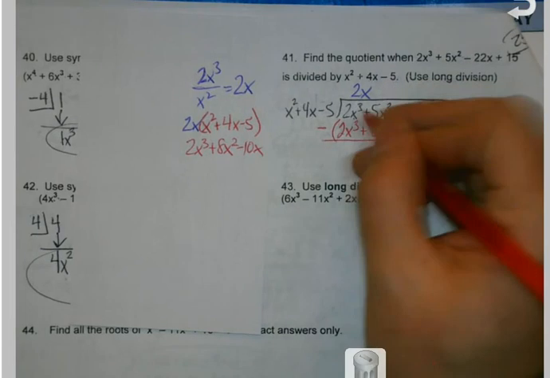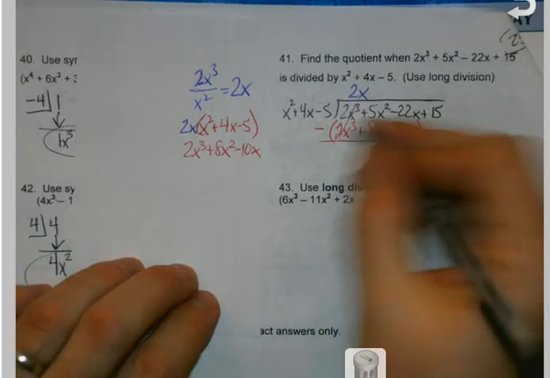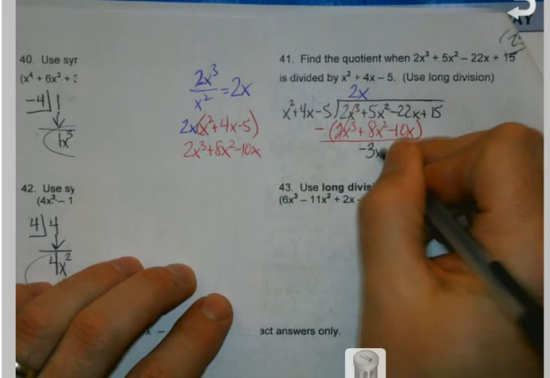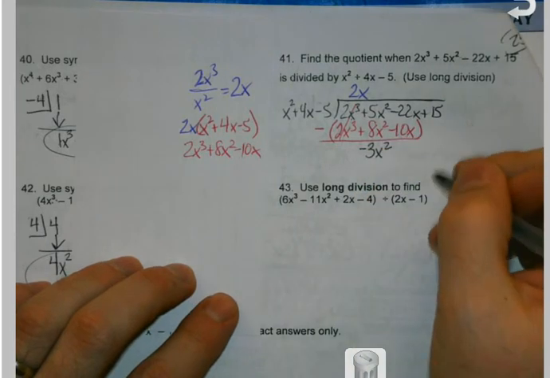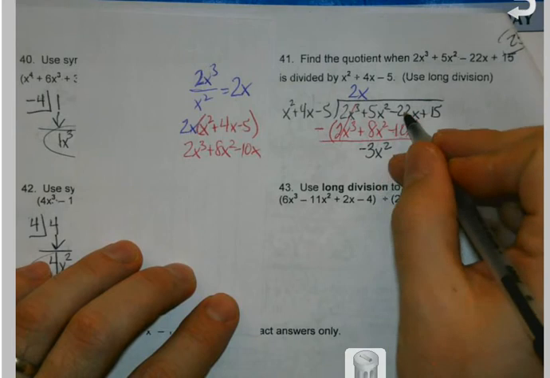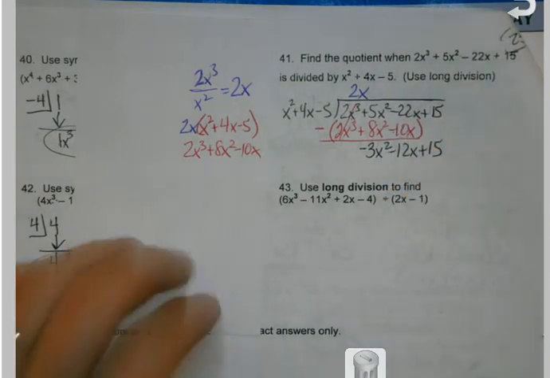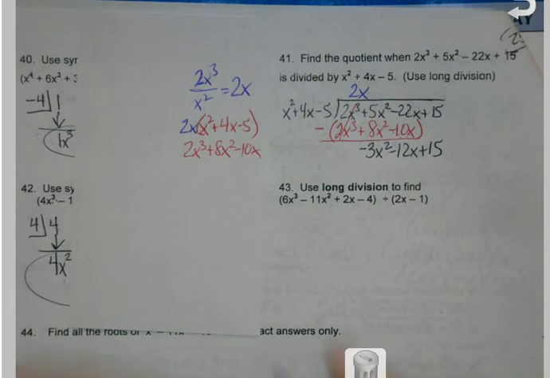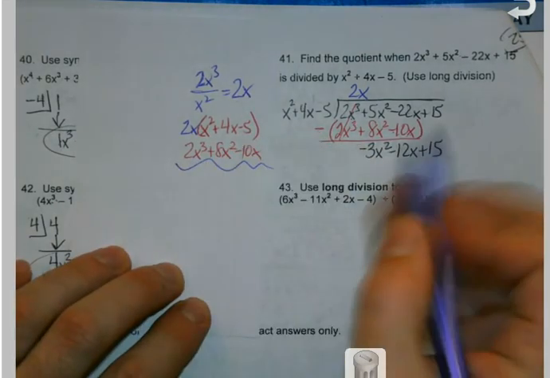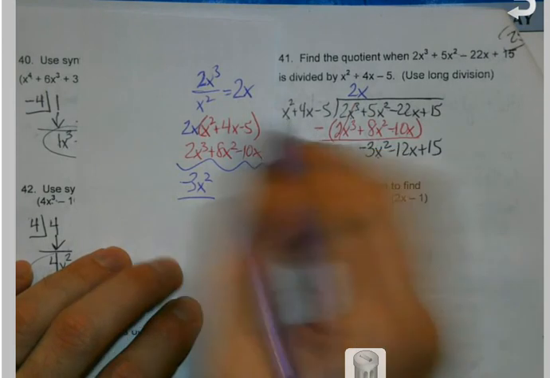So 2x to the third minus 2x to the third, cancel. 5 minus 8 is negative 3x squared. Negative 22 minus negative 10, so switch the sign. Negative 22 plus 10 is negative 12x, and I'll bring down the 15. And I start the process over again. First term divided by first term.